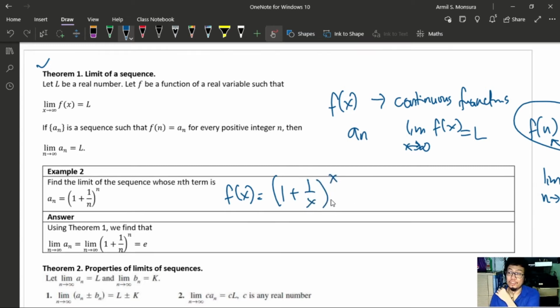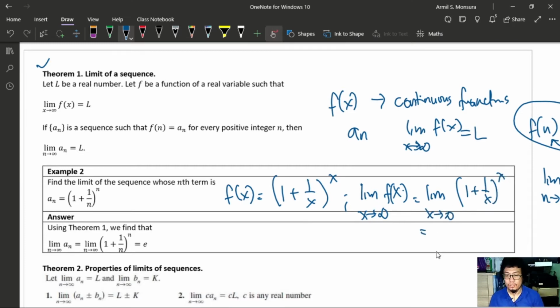Now we can find the limit of f of x as x approaches infinity, which is the limit of (1 plus 1 over x) raised to x as x approaches infinity, which you find in your previous calculus classes is actually the number e.